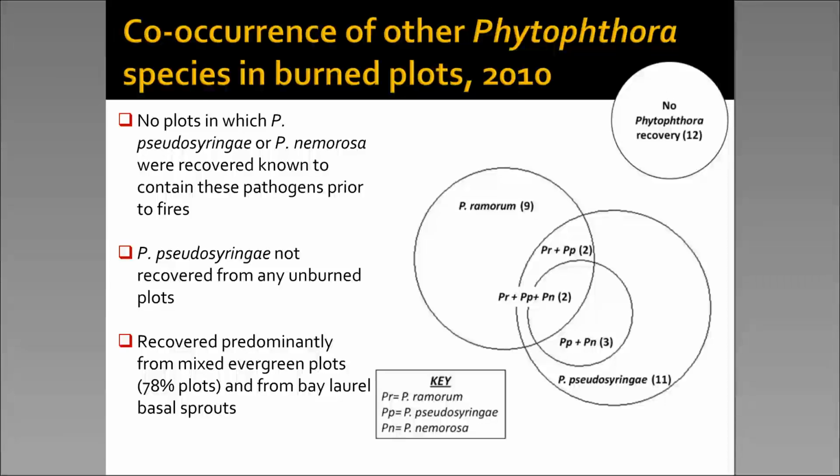So in that tissue type where I wasn't recovering Phytophthora ramorum, I was recovering these other Phytophthora species, which hints at some interesting competition or interaction going on there that is unexpected and warrants further research. And in fact, I think that research is starting to take place right now.